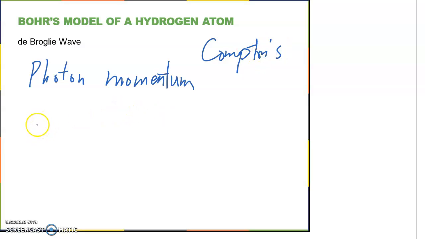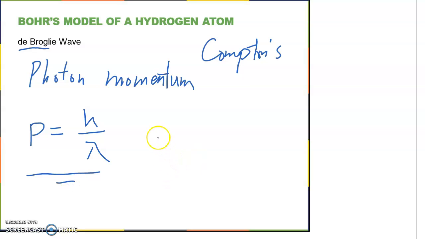So now we can actually quantify what the momentum is. According to de Broglie, momentum p is equal to the Planck constant divided by the wavelength lambda. This equation also works for other particles, small particles.